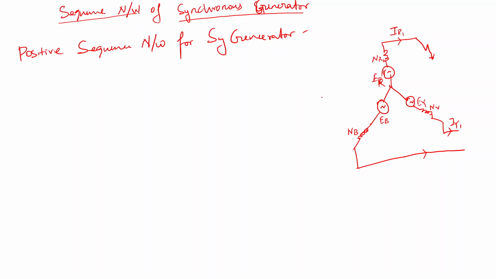So this is a network connected with a ground. This neutral point N is connected with a ground. This is Zn I will call it.